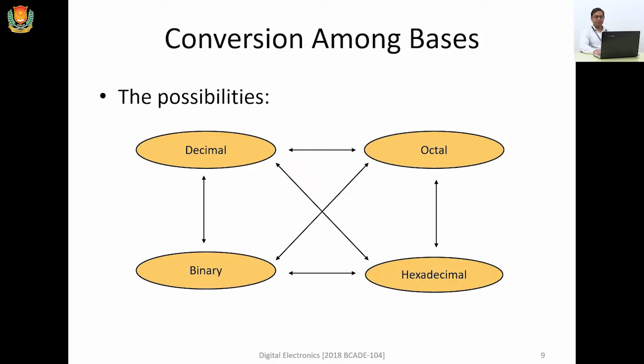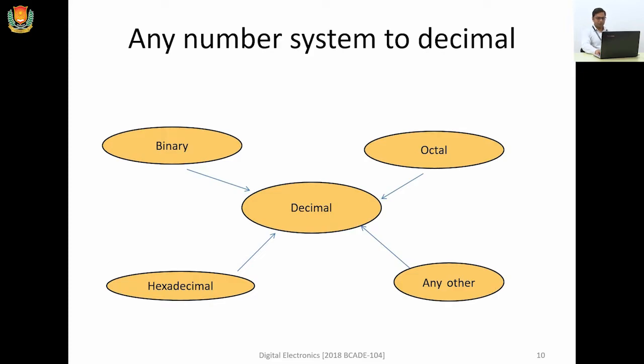We can convert from one number system to another number system. First of all, we are converting any number into the decimal number system. Any number means it may be a binary, octal, hexadecimal or any other number.